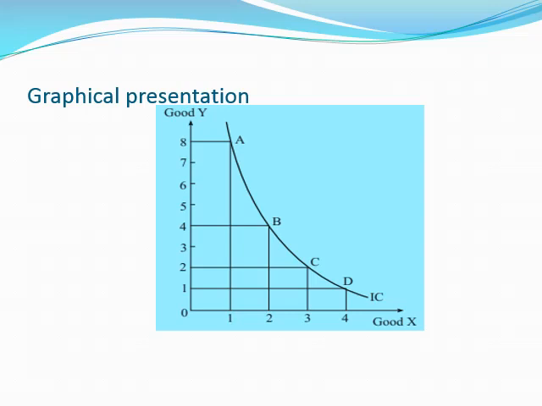So the combination of 8 of Y and 1 of X gives the same utility as the combination of 4Y and 2X, and 2Y and 3X. This is the main point to understand the function of marginal utility. All these combinations A, B, C, D give the consumer the same satisfaction.